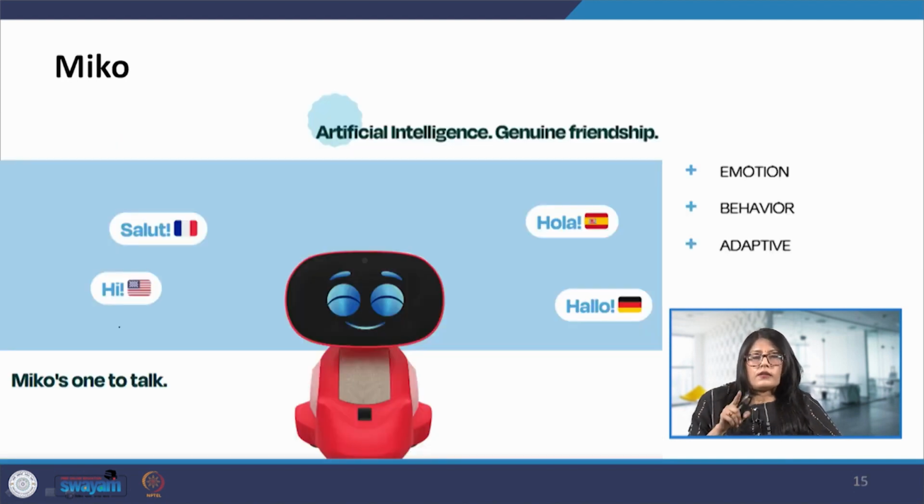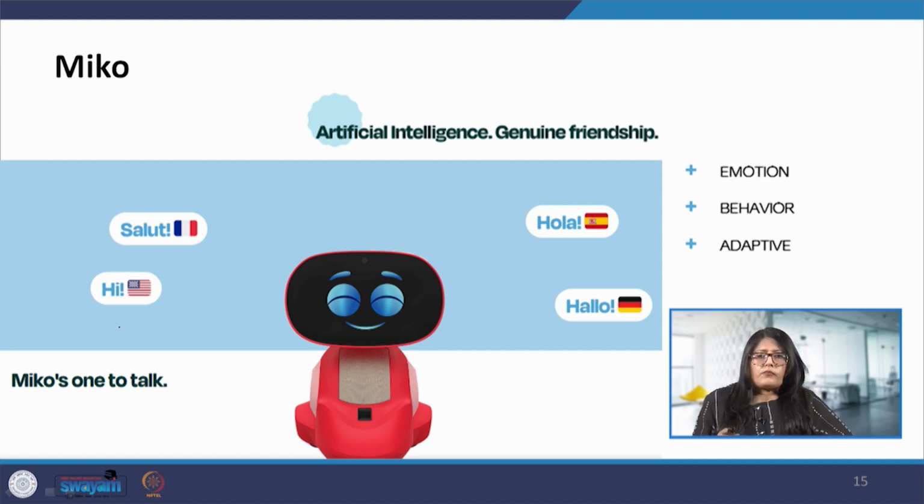On the other hand, this is another robot, which is Miko. This is a robot which is mobile, so it follows along, and it is specifically catering to children between the ages of 5 to 10. It has an interactive screen where it displays some teaching and learning material in a very playful manner. So children get a very positive companion, in a way.